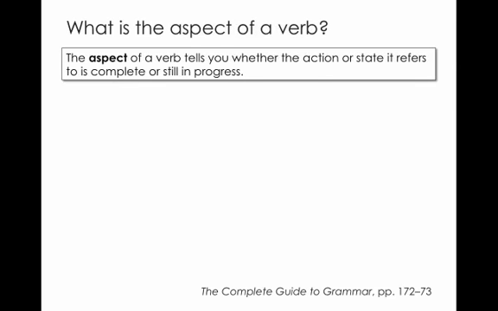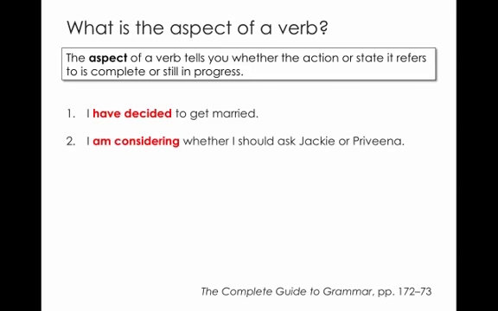The aspect is something a bit more abstract. The aspect of a verb, says the grammar book, tells you whether the action or state that the verb refers to is complete or still in progress. Have a look at these examples. I have decided to get married. In this case, the action is deciding, and that action is complete.